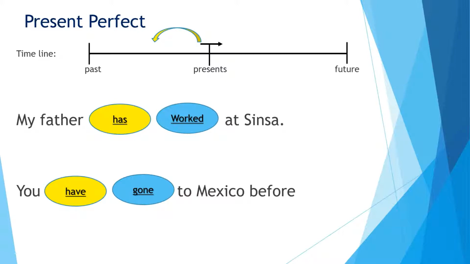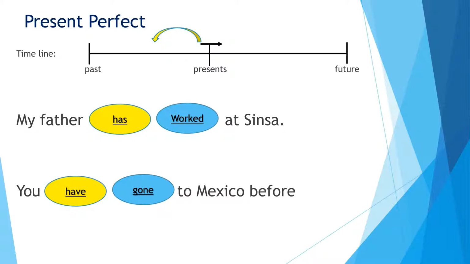Por ejemplo, el ver una película o el haber trabajado, como dice en esta oración, el haber trabajado. Mi padre ha trabajado en Cinsa. O sea, en este momento, esa acción de trabajar tiene una relación en el presente porque es una experiencia. Y recuerden que las experiencias siempre están con nosotros.